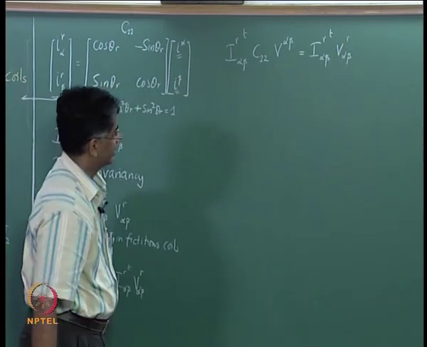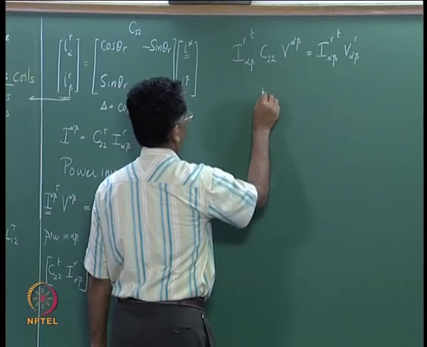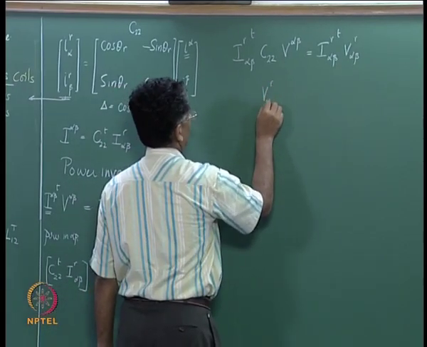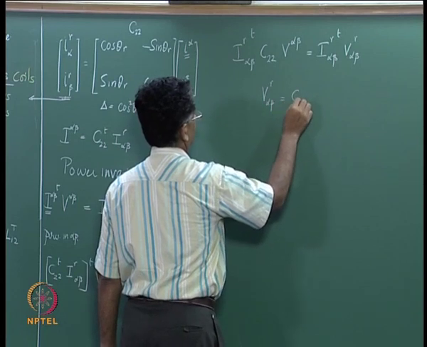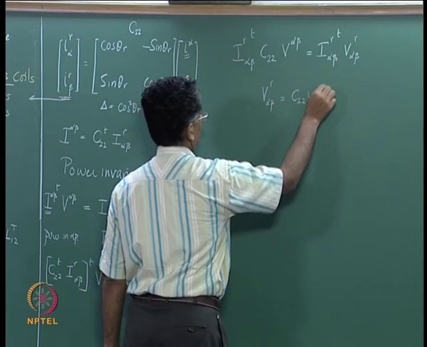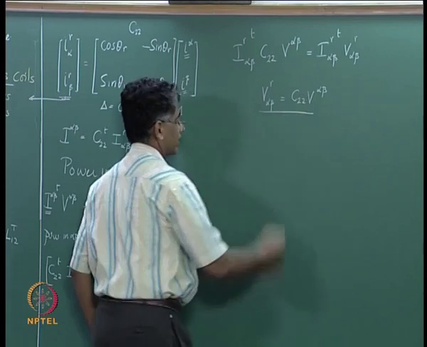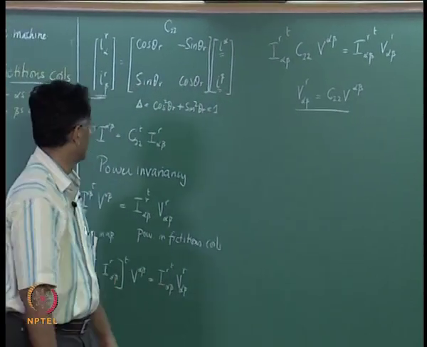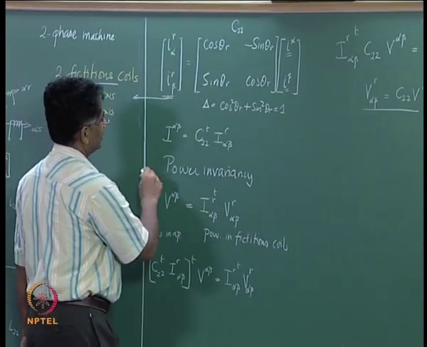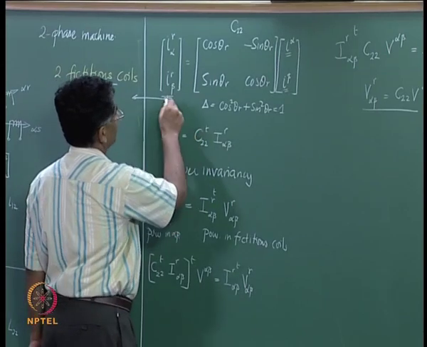So looking at this expression, we conclude that V r alpha beta equals C22 into V alpha beta. Therefore the transformation for voltages is the same as the transformation for this.